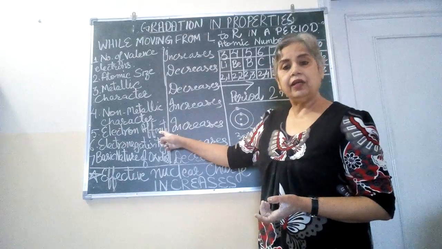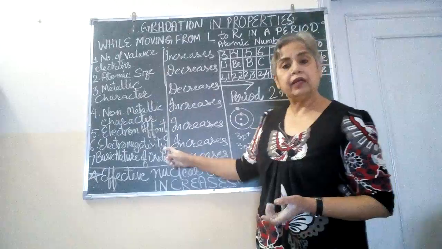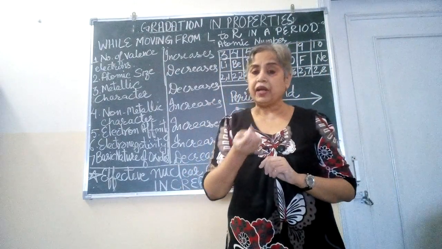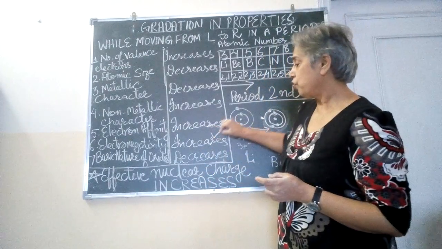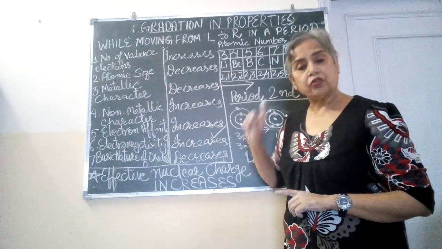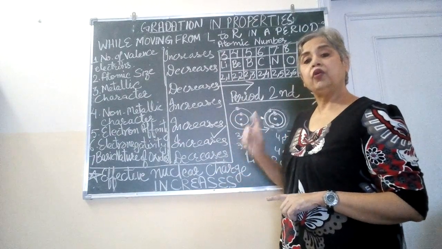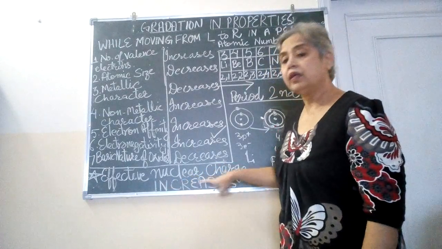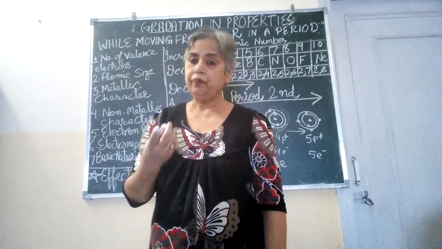Similarly, the energy released during this also increases, and electronegativity, that is the tendency of the nucleus of an atom to attract the shared pair of electrons towards itself in a covalent bond, also increases. But the basic nature of its oxides decreases, and all this is due to only one concept, that effective nuclear charge increases while moving from left to right in a period.